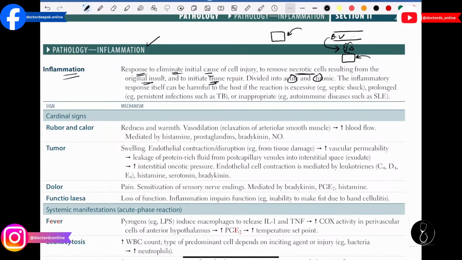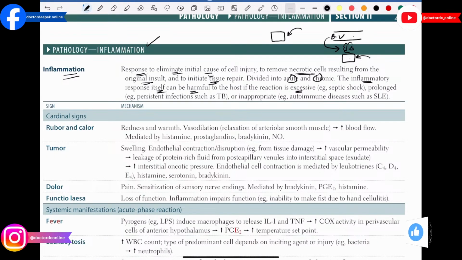Then we have to understand that the inflammatory response itself can be harmful for our body if the inflammation continues for many days, or if the inflammatory reaction is excessive. What is the meaning of this line? When inflammation occurs in our body, different cytokines and different inflammatory mediators are produced, and those inflammatory mediators can lead to septic shock.